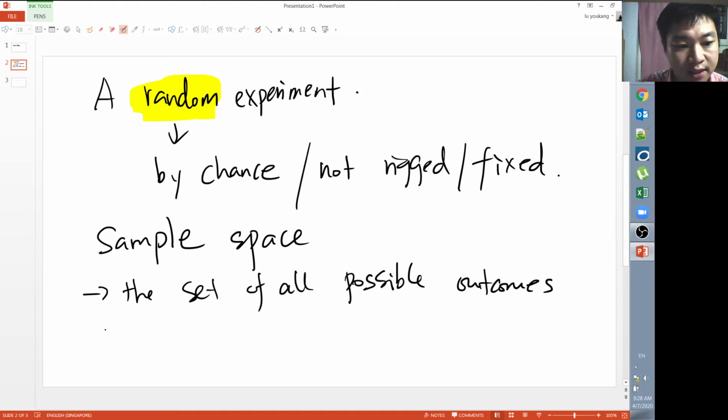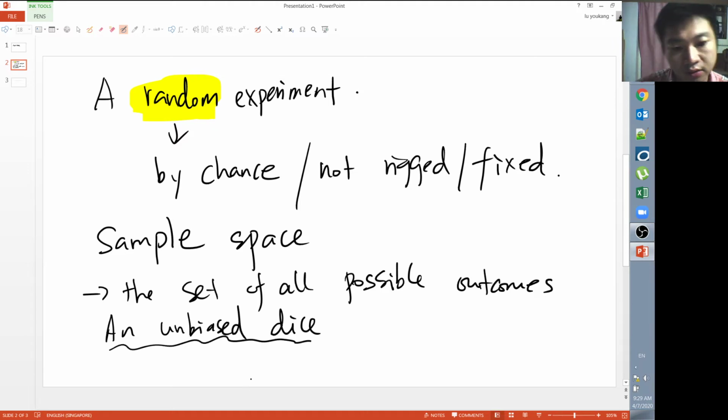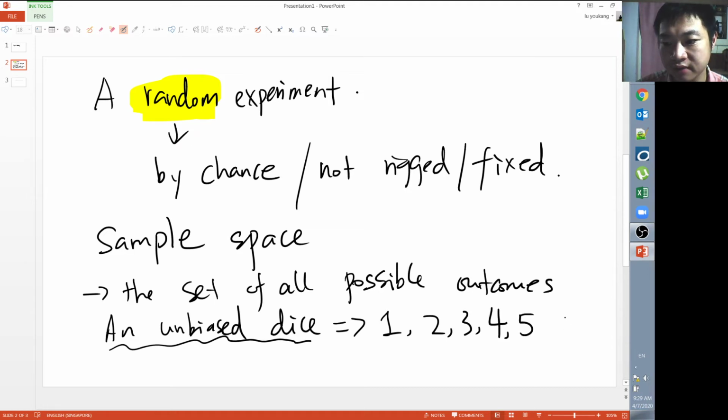Let's say you have an unbiased dice. So for a dice, what are the possible outcomes? The possible outcomes for a dice are 1, 2, 3, 4, 5, 6.